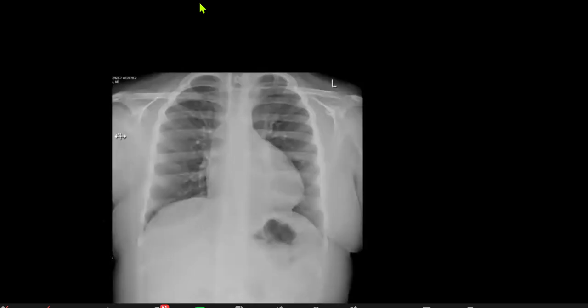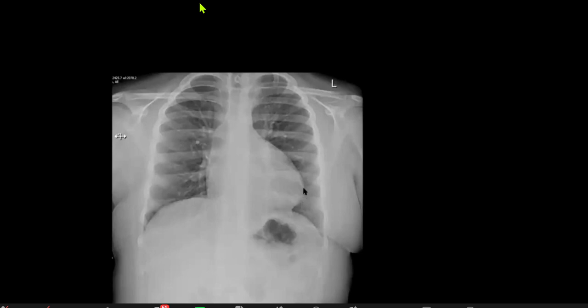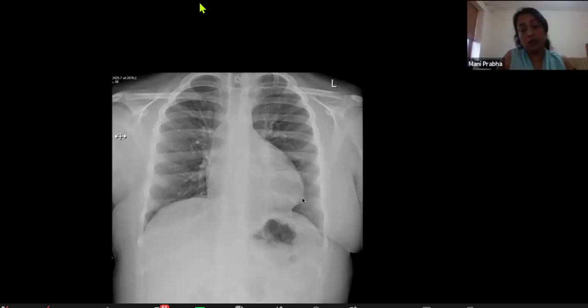Yeah. We come to the end of the quiz, and let's go through these cases again. In this one, some of the findings: this is situs solitus, the apex is on the left side, slightly upturned. Also the pulmonary artery appears slightly smaller, and the vascularity is sort of normal, but the aorta is on the right side.